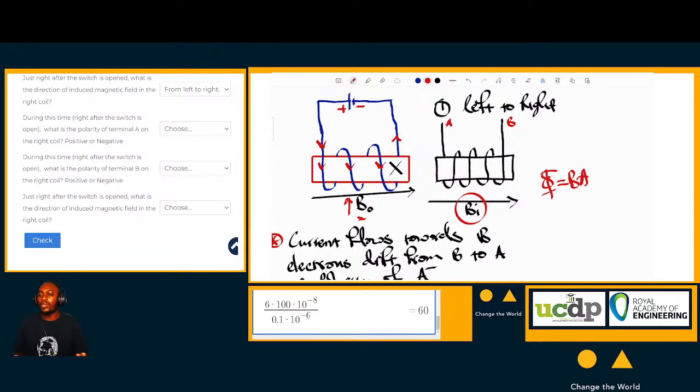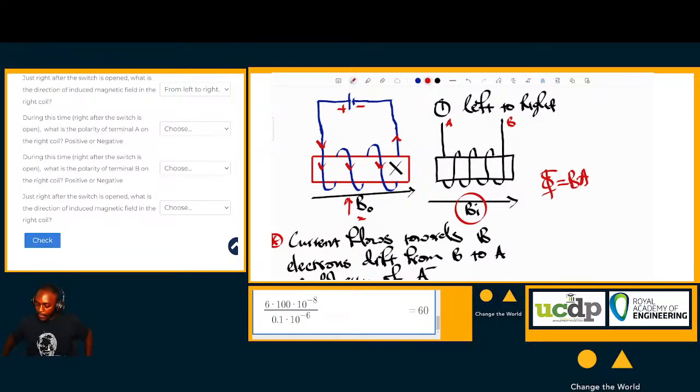So again, we use our right hand grip rule. Your thumb will point towards the direction of flow of current. Then make sure you are gripping the solenoid there. All right. So which means that your four fingers have your current flowing in the opposite direction of what we had earlier on.